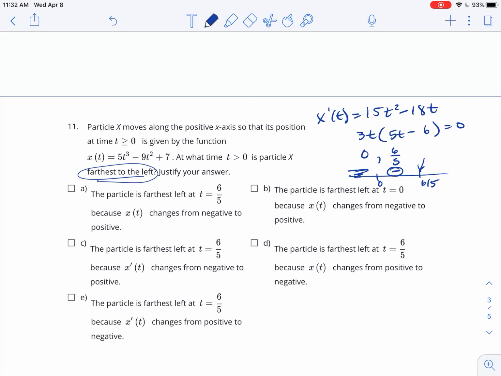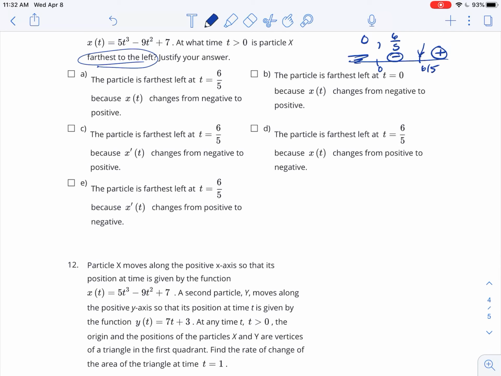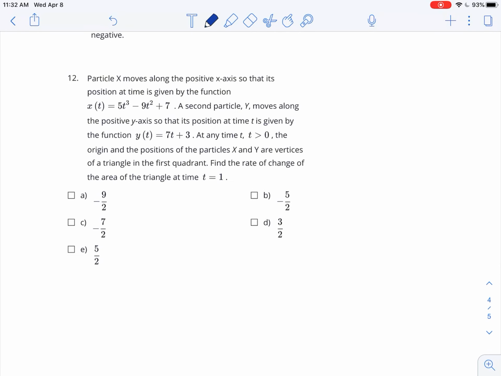And so we're moving left in this interval from 0 to 6/5. And then remember, this is where we hit 0, so we stop. And then after 6/5, the interval is positive, so we move right after that. So we're moving furthest left at a time of 6/5. And that's because we change from negative to positive.